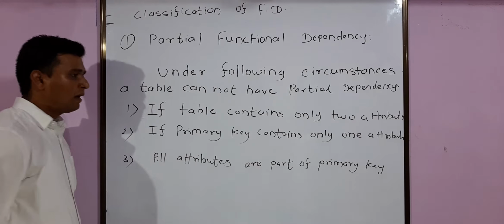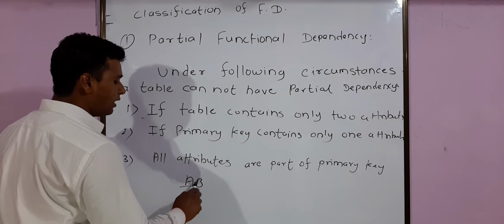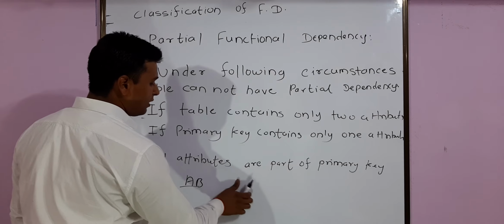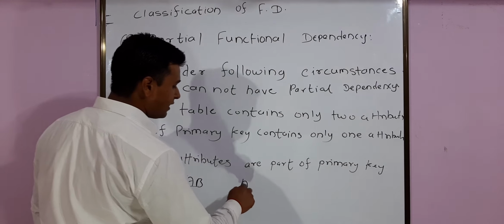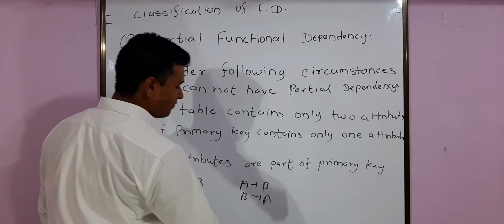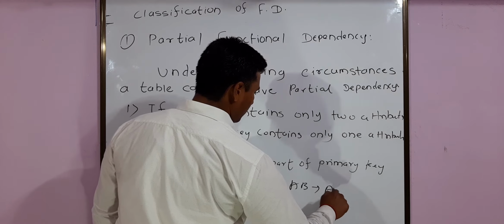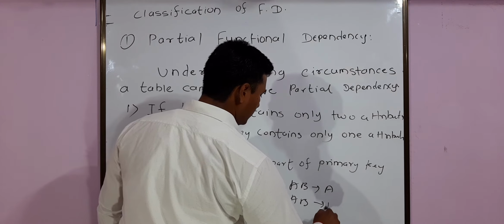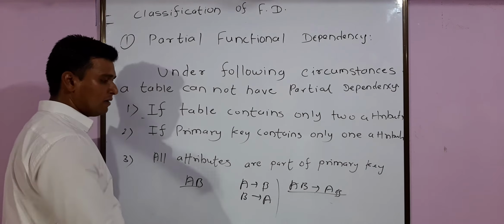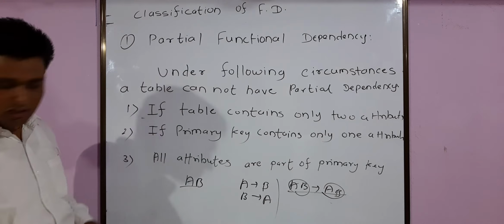In the previous example, the primary key can be AB, but if it is AB, still we can understand that A determines B and B determines A are the possible functional dependencies, or AB determines A, or AB determines B, or AB determines AB. Those can be functional dependencies, but in this case partial functional dependency will never occur.